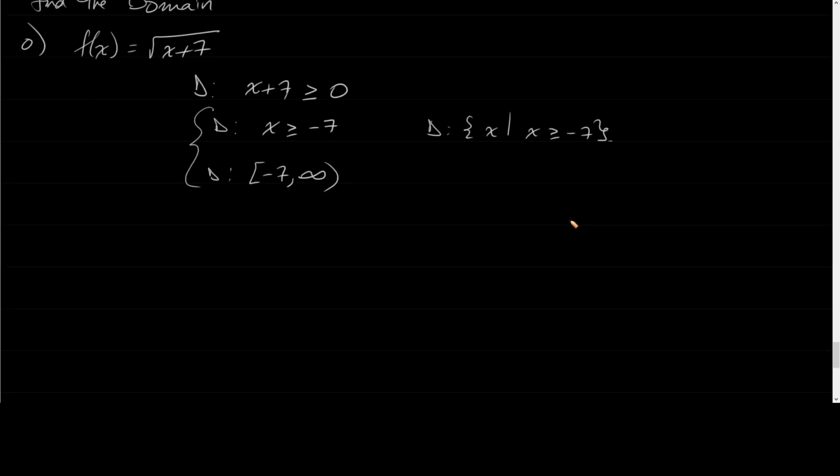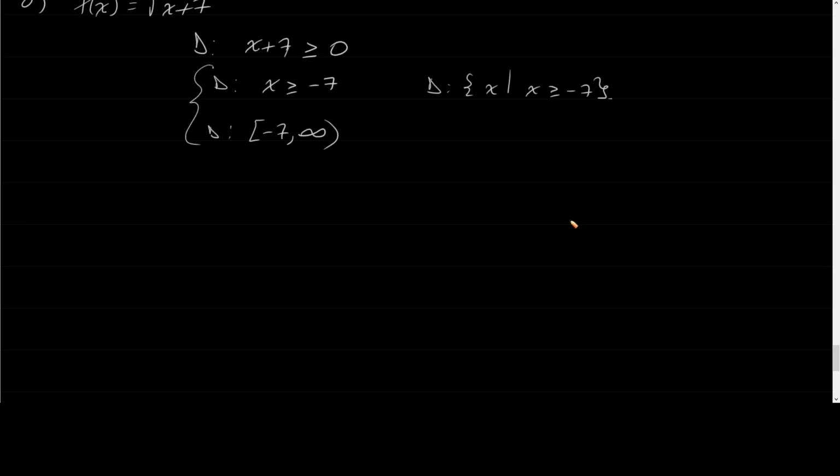Let's do another one. So that's O. P. Let's say that we have g of x being equal to 1 over 3 minus x. All right, now in here, we've got a fraction. And what are we not allowed to have in fractions?